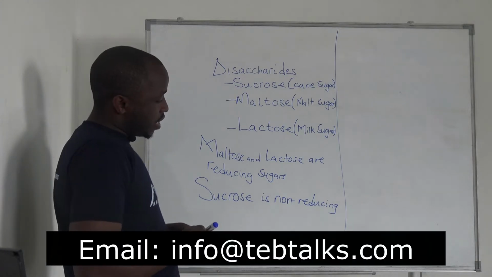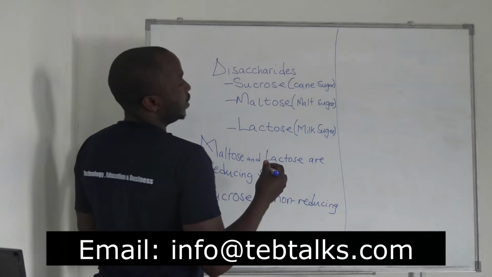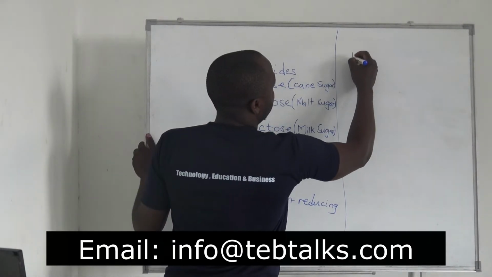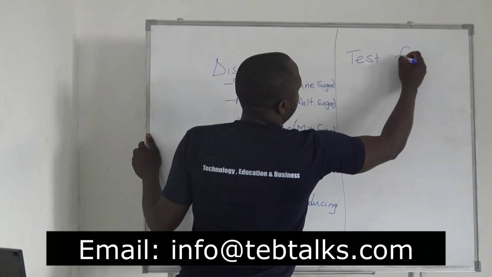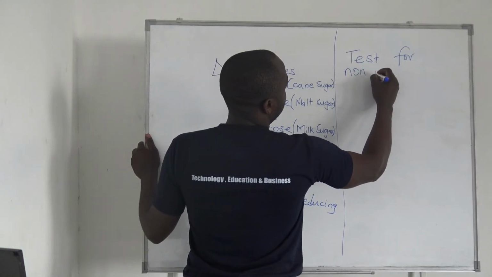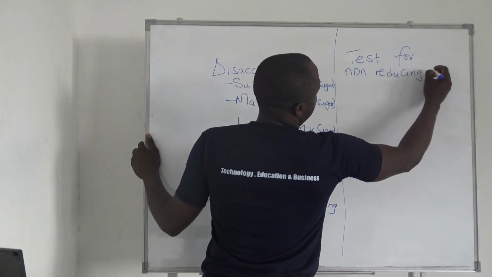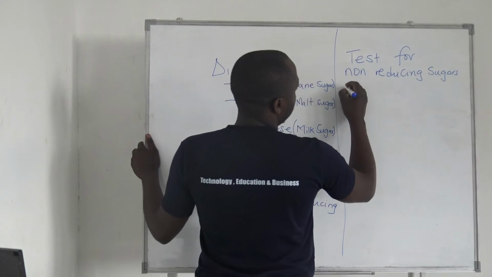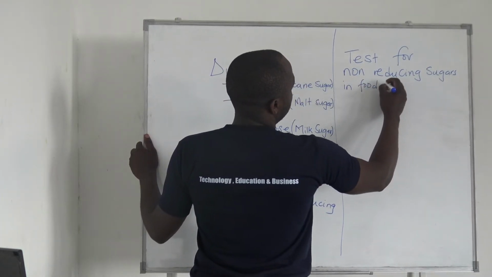So if it is non-reducing, how do we test for its presence in a foodstuff? Let's look at the test for non-reducing sugars in food substances.